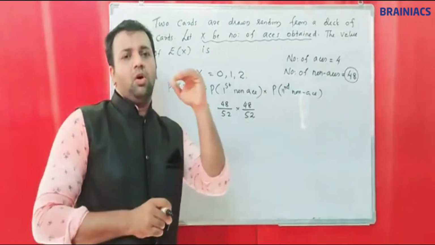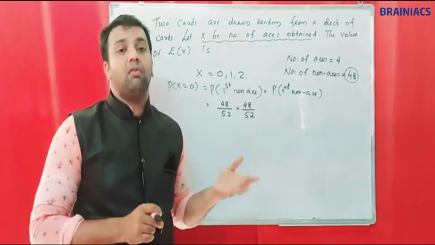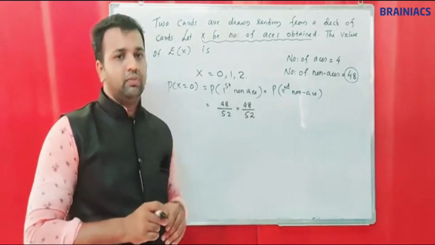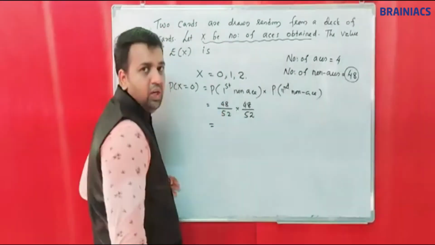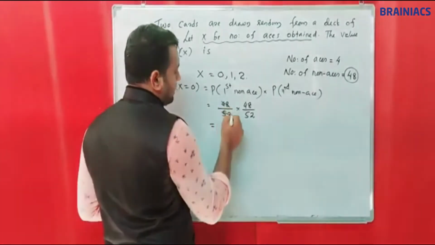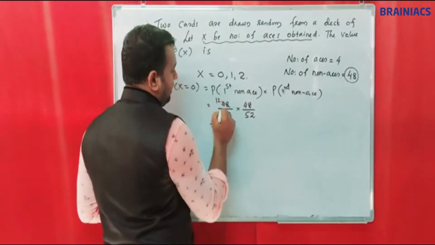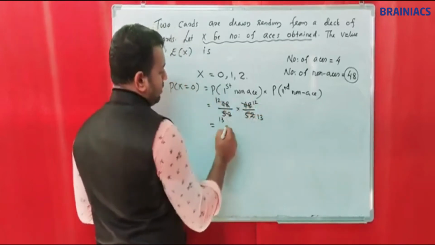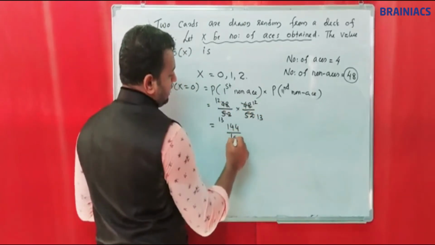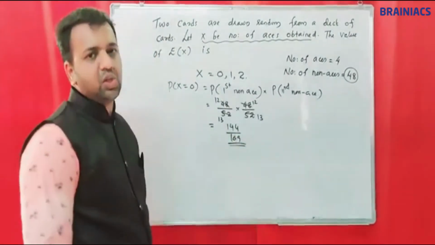There is no decrease in the number of cards. So 48 by 52 can be written as 12 by 13. 12 by 13 into 12 by 13 is 144 by 169. That is P of x is equal to 0.